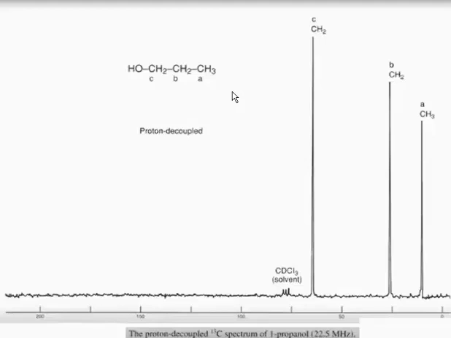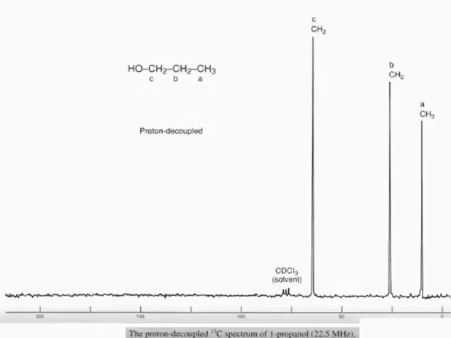But when decoupling is carried out, that information is no longer retained. It turns out there's no longer a relationship between peak size and the number of carbons producing that signal. Instead of seeing 3 equal size peaks for this sample, they have different sizes. And the sizes can really vary all over the place. They could be small, medium size, or large. One just has to accept that.